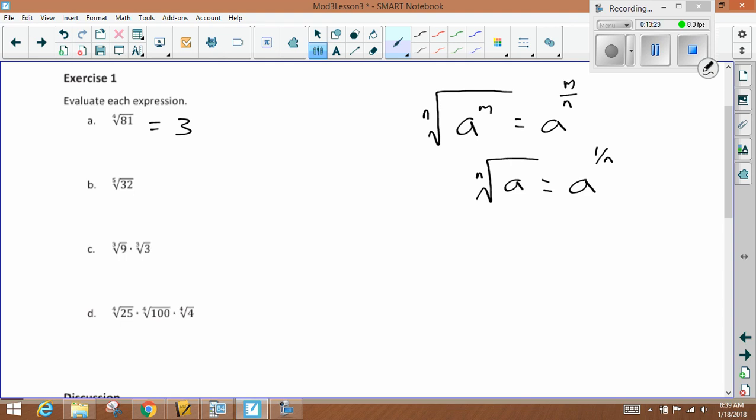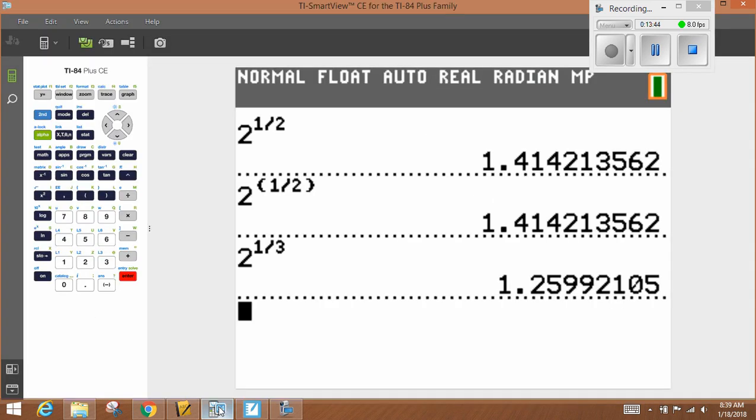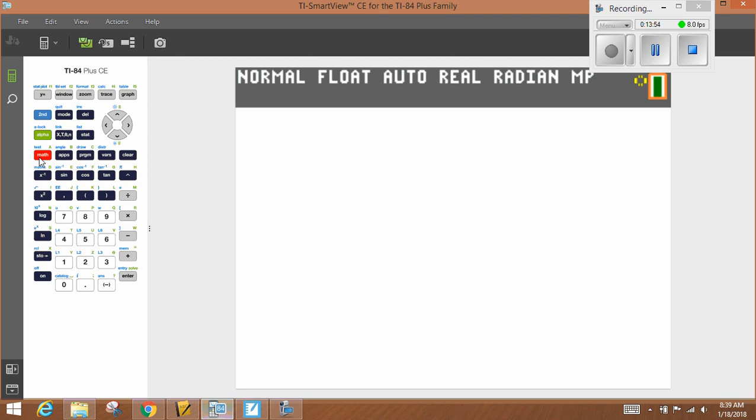So that means that I could write this as 81 to the 1/4 power. I could do that too. Let's go ahead and go to our handy dandy calculators and look at both of those values, right? So remember, I can calculate the 4th root of 81 by going to math.